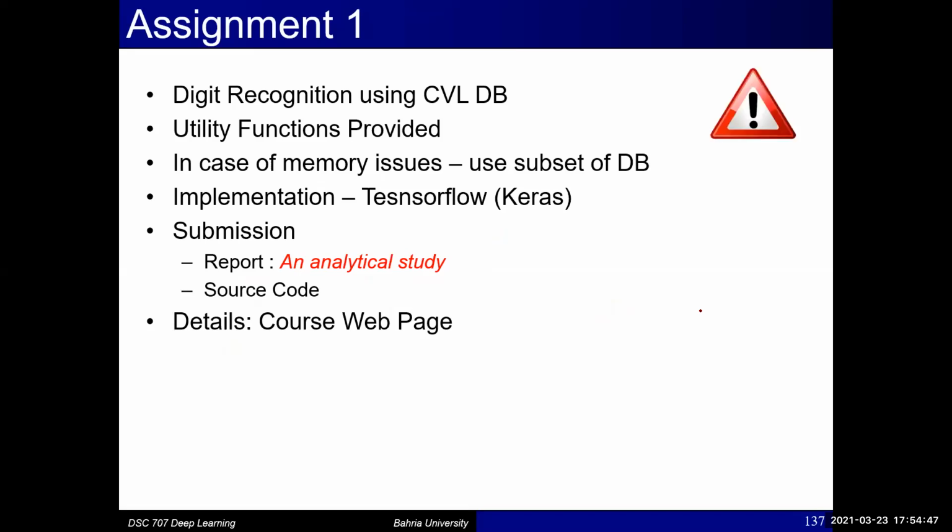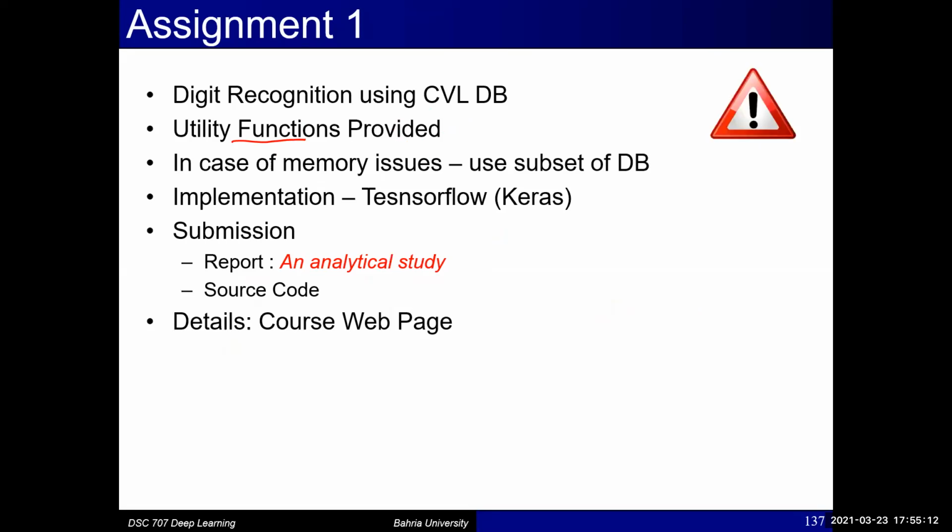And I have already provided you a function as well as data. The function will be loading data for you, right? So you don't need to actually write anything from scratch. Utility functions are provided. I'll show you. You can simply download that Python file, and you can add your own model to that program, right?